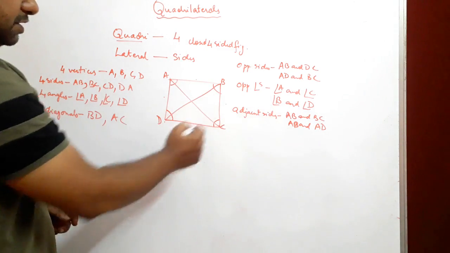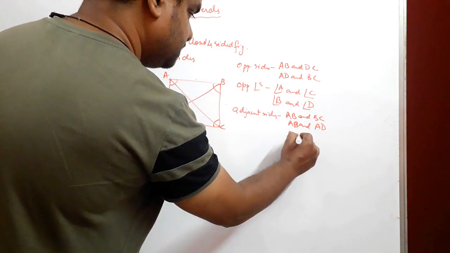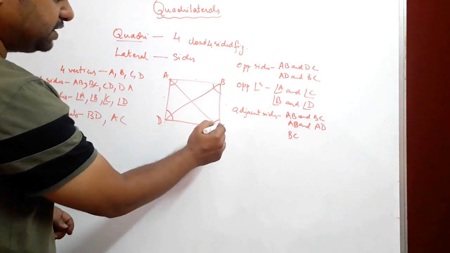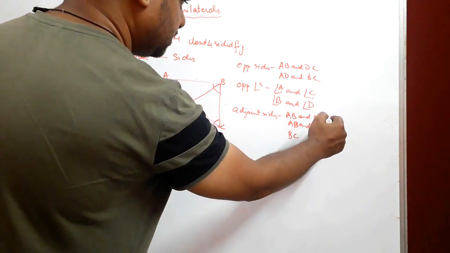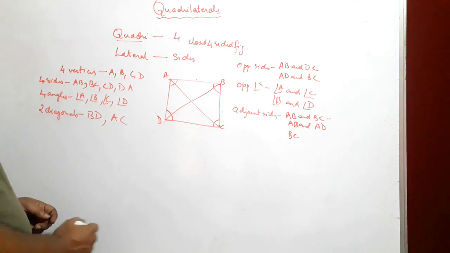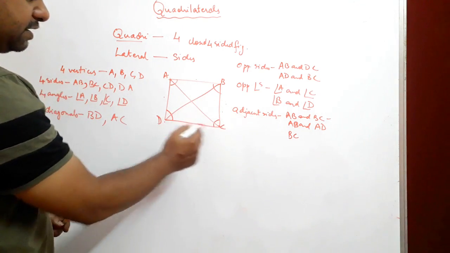What about BC? For BC, it would be BC and AB, but this has already been listed, so we will not write it again. But we have BC and CD.